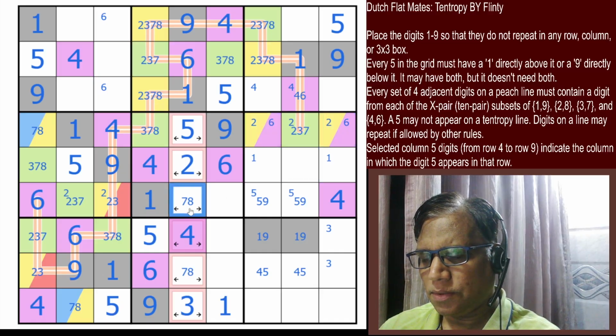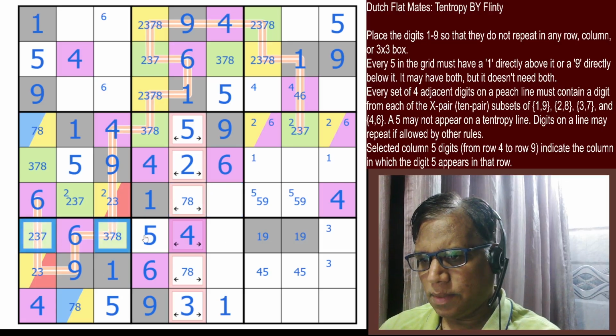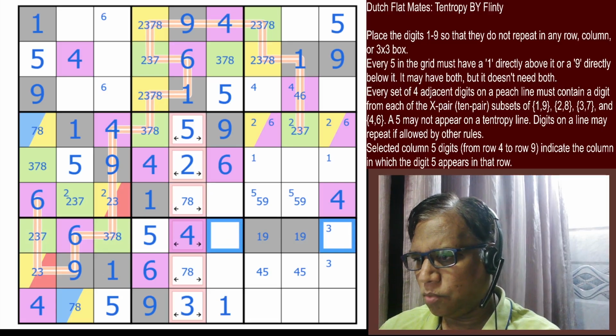That's 7 8. I don't know if that's yellow or gray. Both these are yellow and green, right? Oh, all the greens and pinks are done here. So these both are yellow, right?